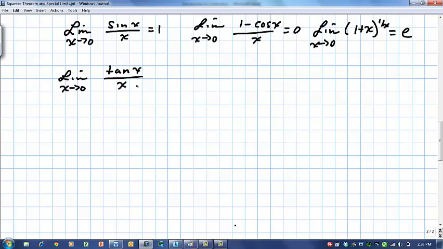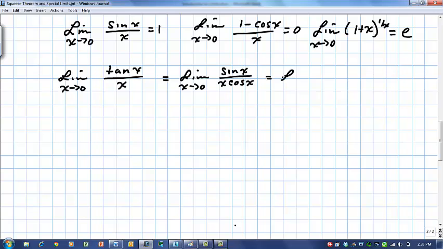Whenever we get indeterminate form, remember, we have to try to rewrite the function so that it is no longer indeterminate. I'm going to use some basic trigonometry. I know that the tangent of x is the sine of x over the cosine of x. So I can rewrite this as the limit as x approaches 0 of the sine of x over x times the cosine of x.